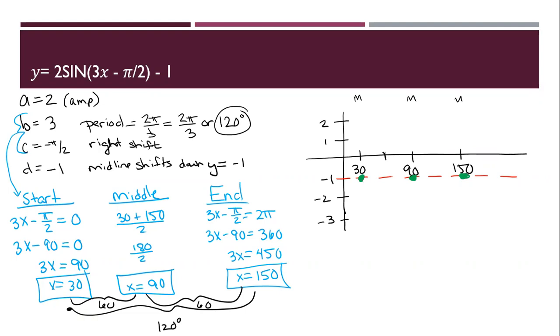So the common sense approach, halfway between 30 and 90 would be 30 units, wouldn't it? So that should be at 60. If you need a formula to get to your first half, take your start plus middle and divide by 2.